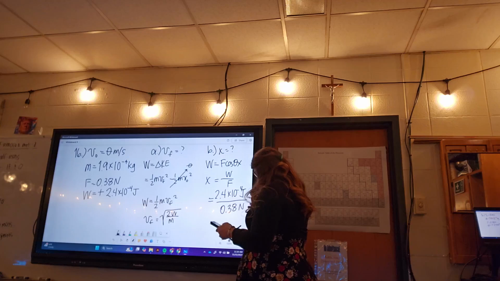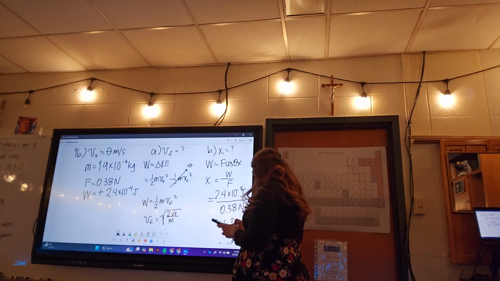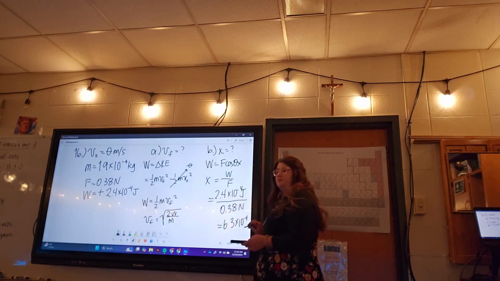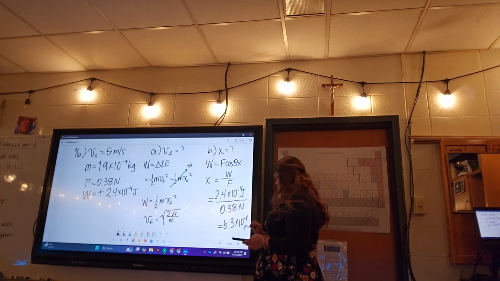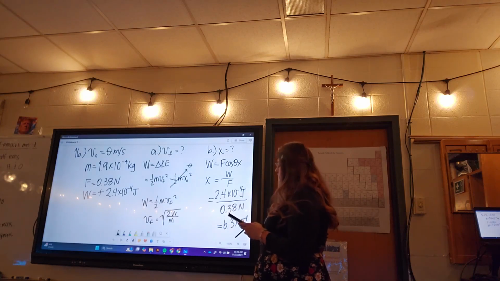Oh, somehow I typed a random cosine in there. So I get 6.3 times 10 to the minus 4. What's your unit for part B? Meters. Good. And then 2 times 2.4.